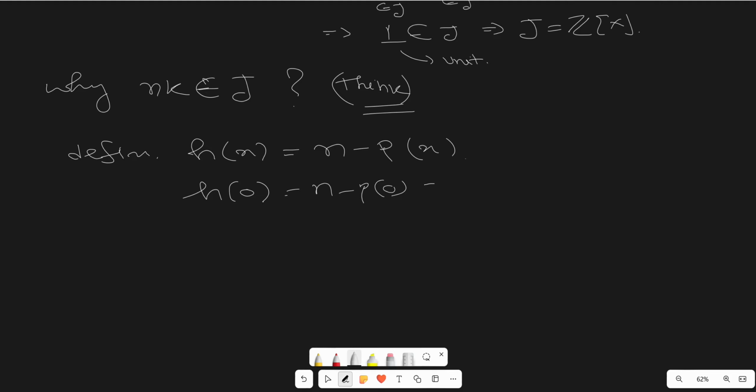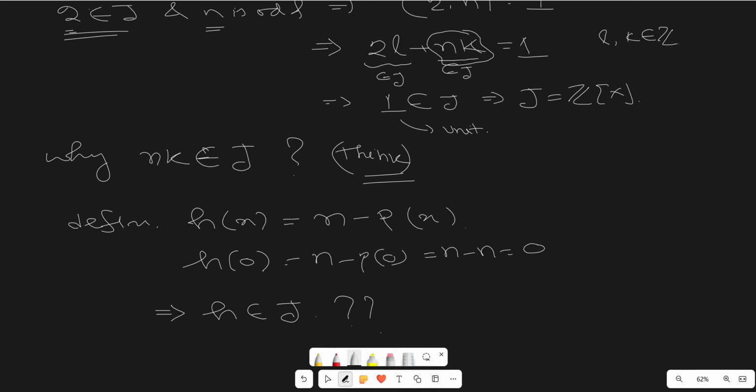This implies n minus n, which is actually 0. Am I clear? Does this imply that h is inside J? h(0) is 0, right? So h is inside J. Since p is inside J and also h is inside J, h plus p will be inside J, right?